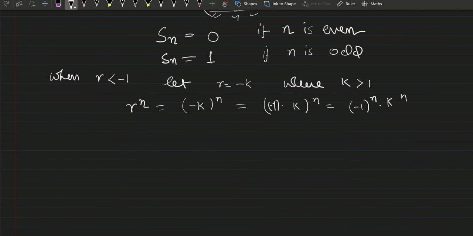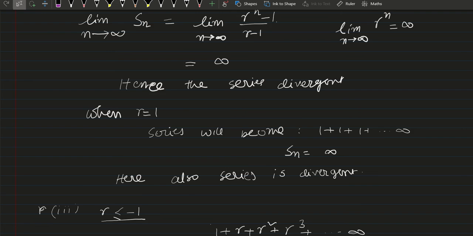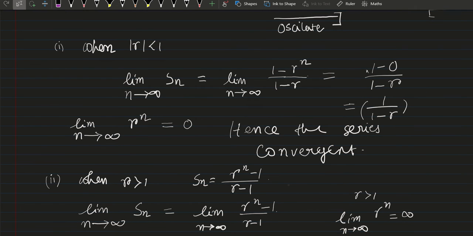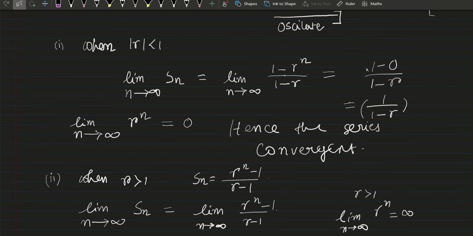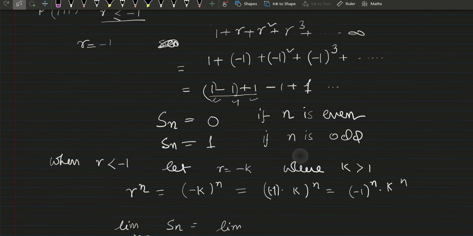So the limit n tends to infinity Sn, what is the value? We can see that if r is equal to minus k and k is greater than 1, then this is the same as the first one, as k is greater than 1.